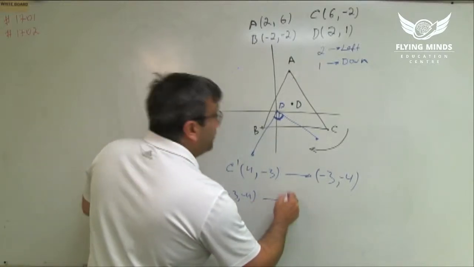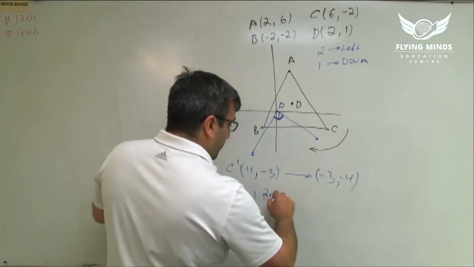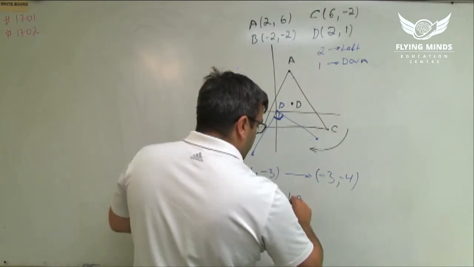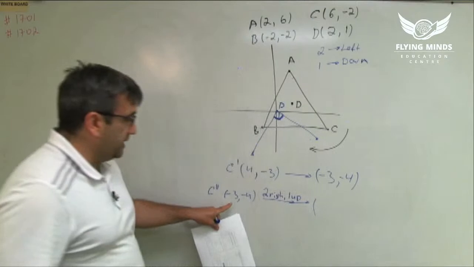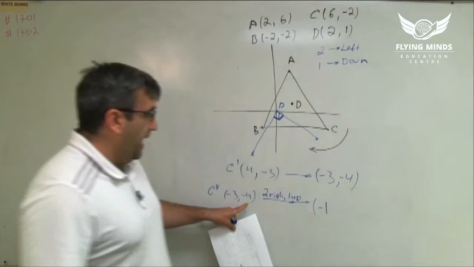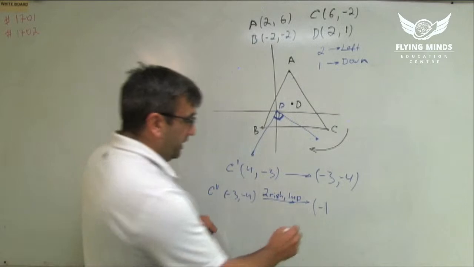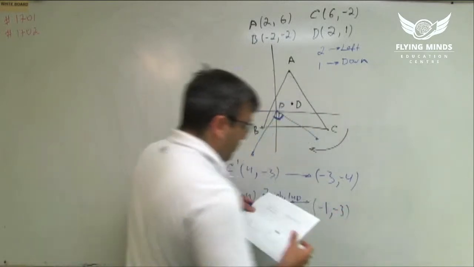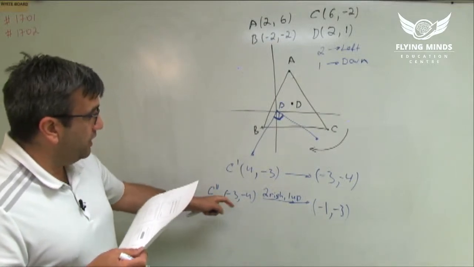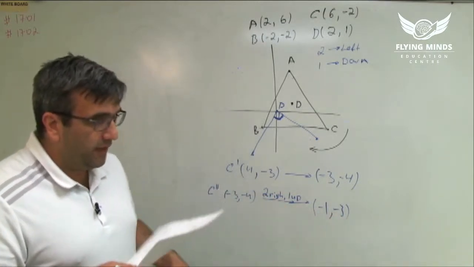Now we have to move 2 right and 1 up. 2 right, so -3 plus 2 becomes -1, and 1 up, so -4 plus 1 gives us -3. So point C will convert into -1 and -3. The answer is C.